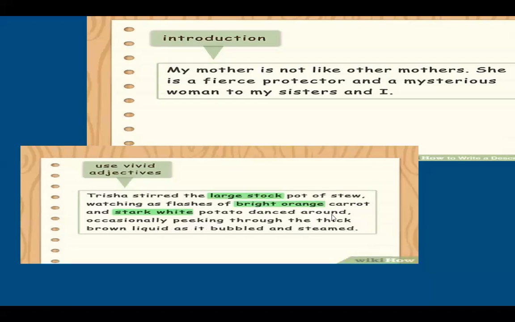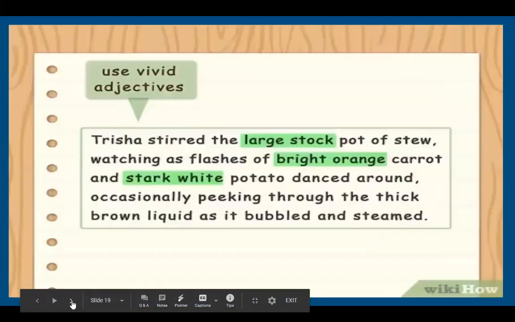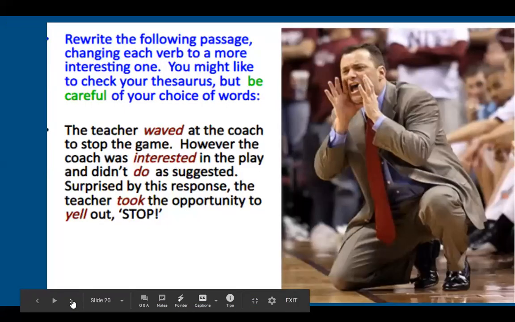Occasionally peeking through the thick brown liquid. See the kind of adjectives: thick, brown, liquid, as it bubbled and steamed. Now these action verbs also tell us about some actions. It's not simple, what's happening. It's showing bubbling and steaming. So as if human quality has been given to this.